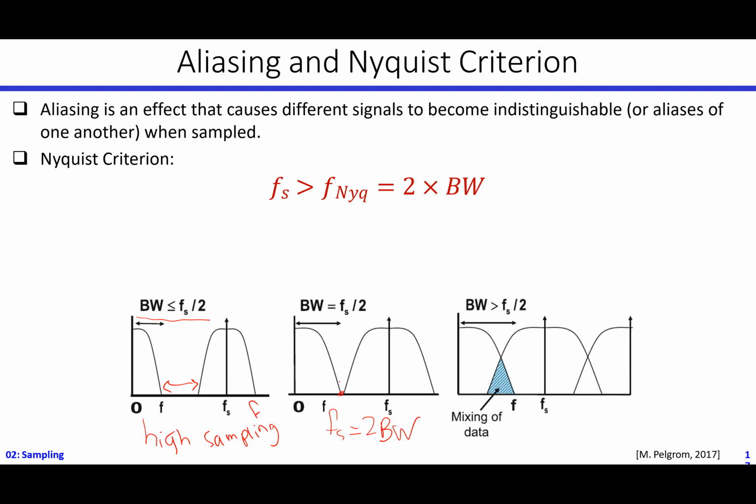They are almost touching each other. If you are sampling below your Nyquist rate, they will basically mix with each other, and this causes you to lose your information. So this is something undesirable you don't want to do.